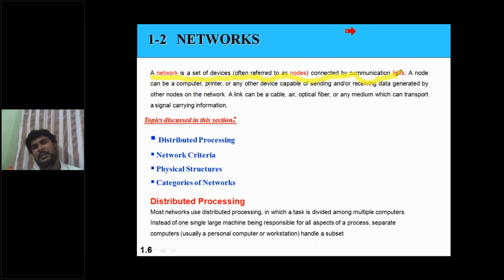Similarly, in earlier computers like mainframe computers, all the work had to be done by a single computer. So it was a lot of burden and it was taking a lot of time to complete all the work, so the performance was not up to the mark. Instead of one large mainframe computer performing all the work, the total work is divided into smaller units handled by processors. We have smaller systems with processors performing those activities.